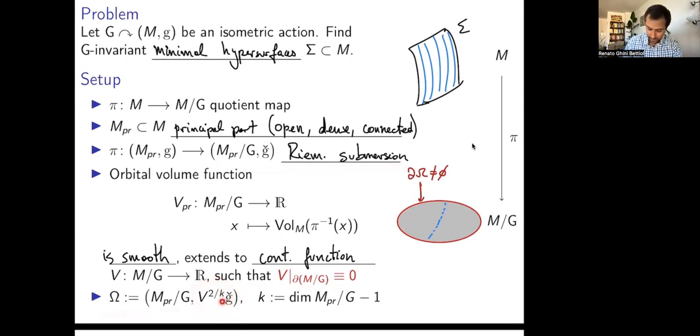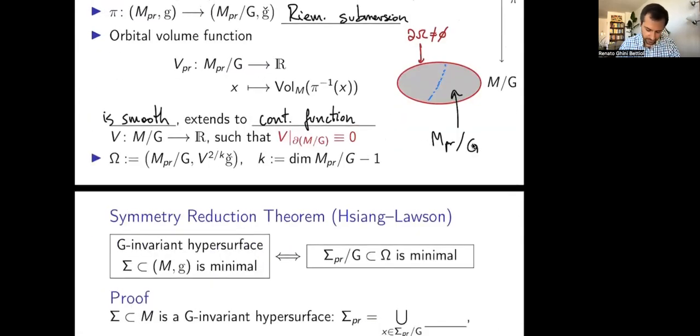In this power, K is this number here. So the dimension of the principal part, which I guess in this picture is denoted by this gray area, minus 1.